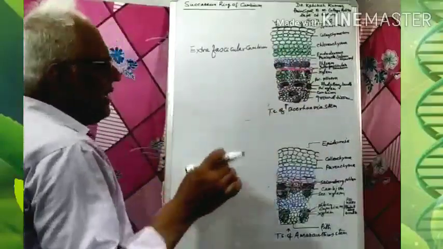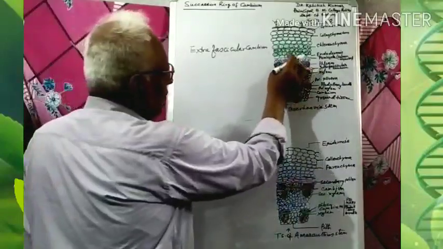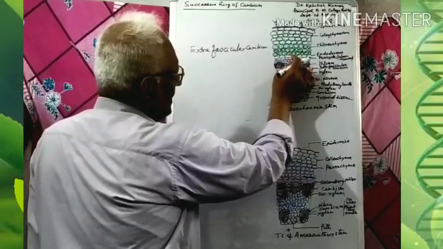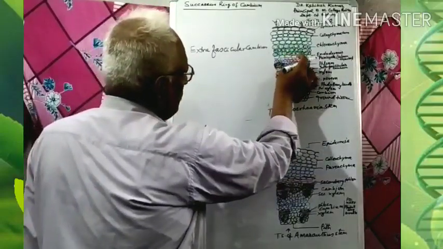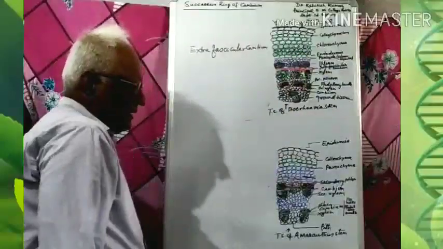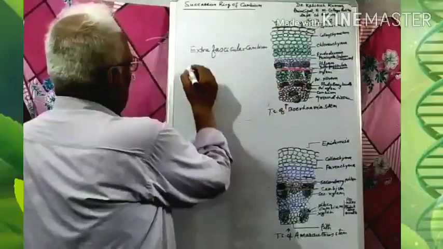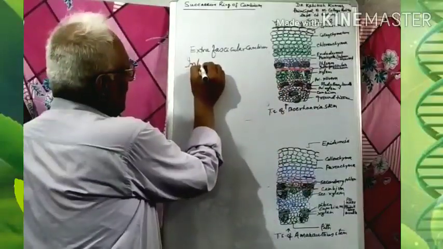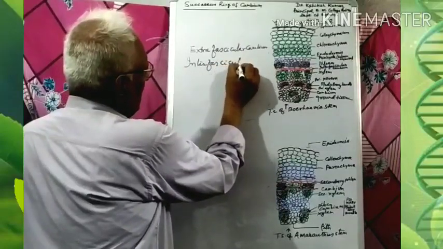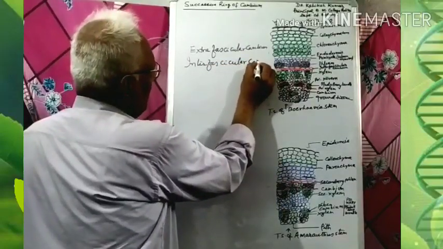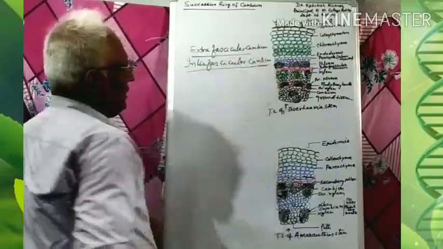So it is referred to as the extrafascicular cambium, and the portion of the second cambium ring which falls in between these two vascular secondary tissues is known as the interfascicular cambium. So these are the two terms here.